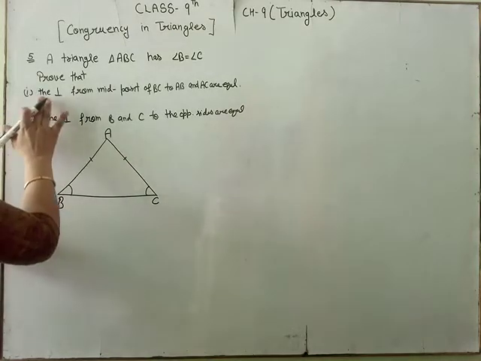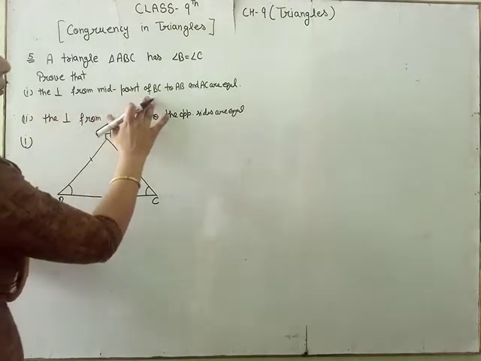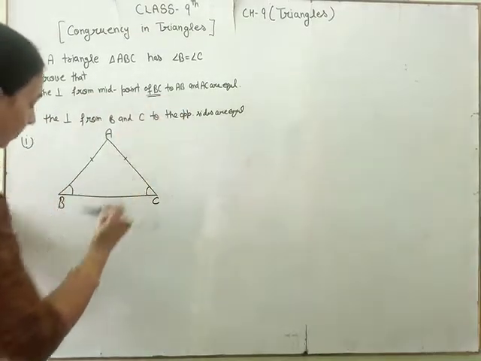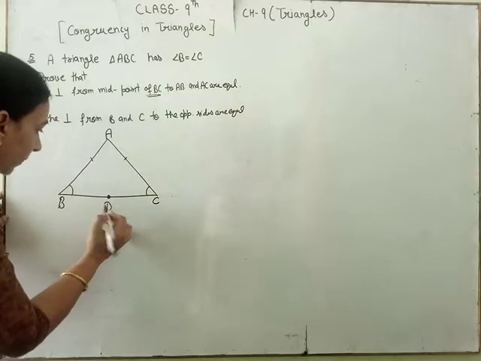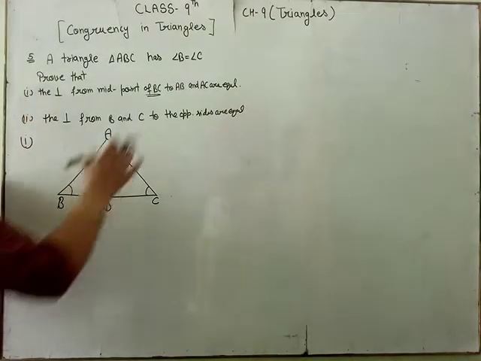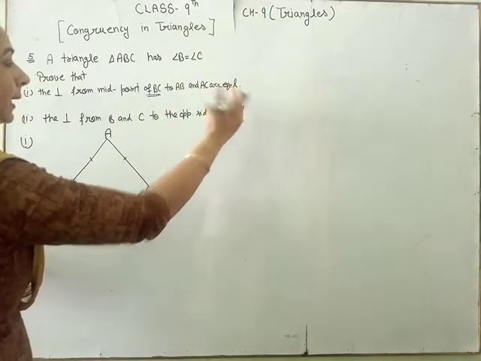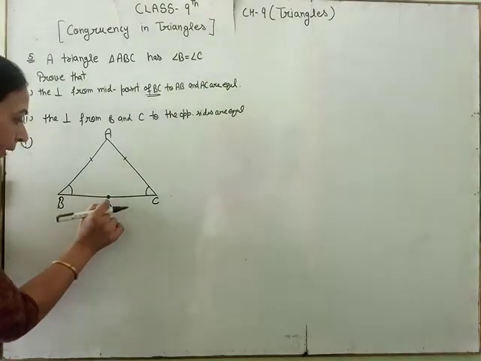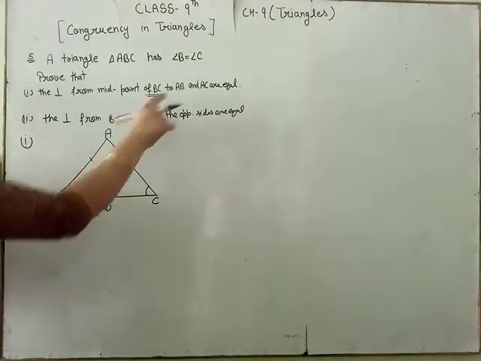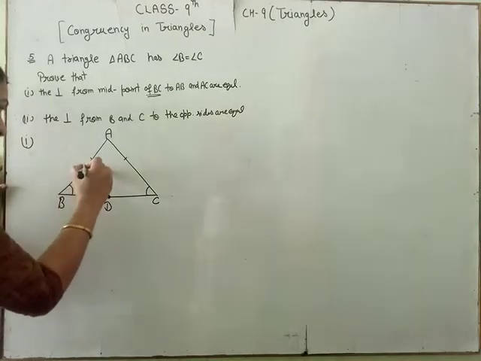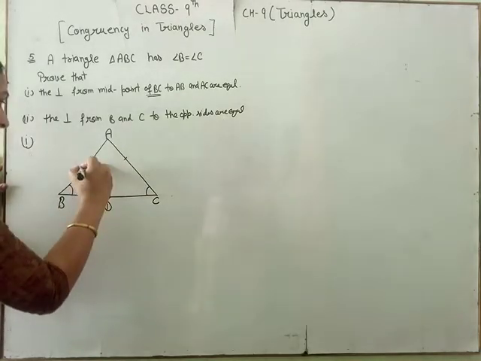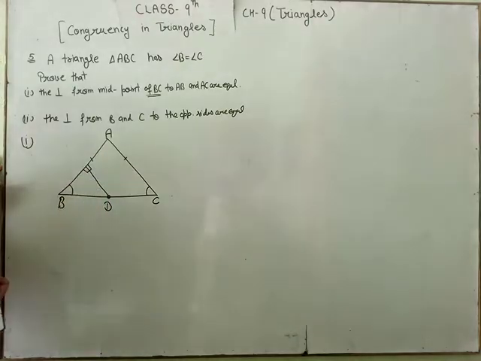From the first part, the perpendicular from the midpoint of BC. Let this be the midpoint of BC, and name it D. To AB and AC are equal. Perpendicular from this point on AB. Let it be a perpendicular, then this is a 90-degree angle.